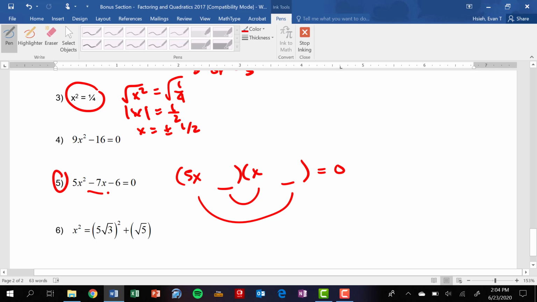And so I think it's going to end up being 2 and negative 2 and positive 3. Let's try that. So I get 3x here, I get 5x, negative 2, negative 10x, and that adds up to negative 7x, so I'm good.